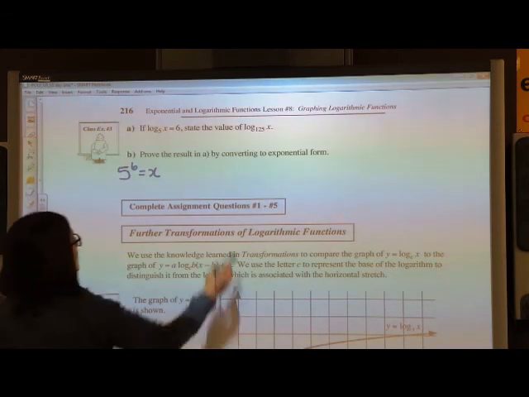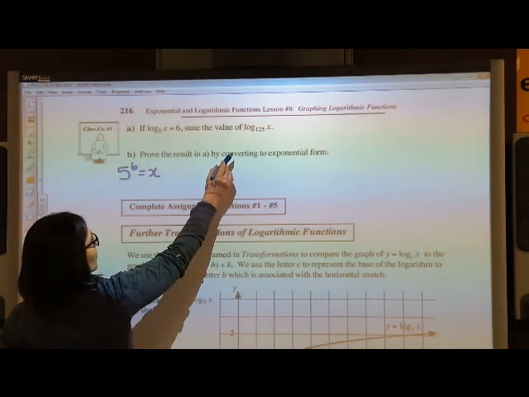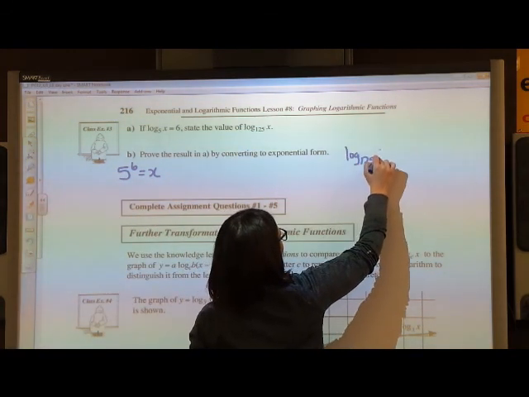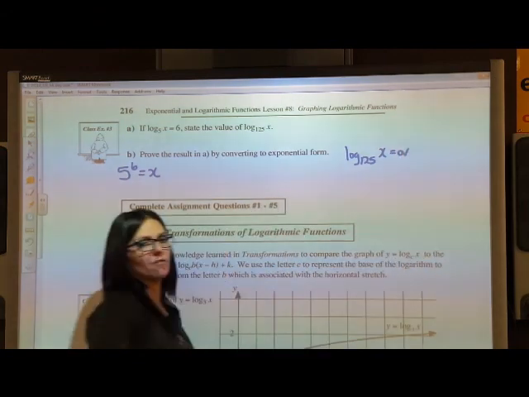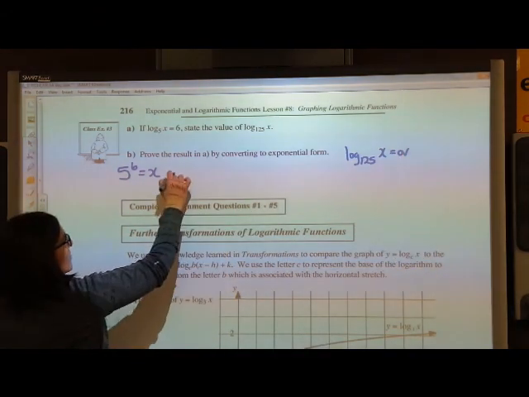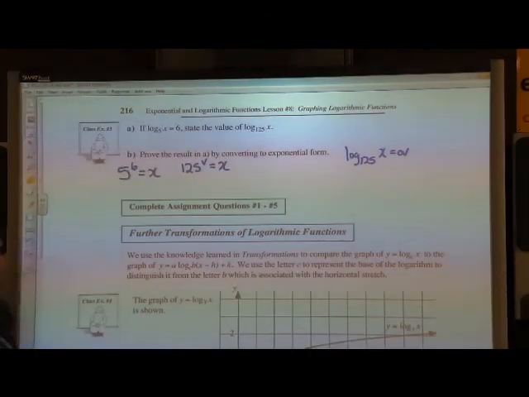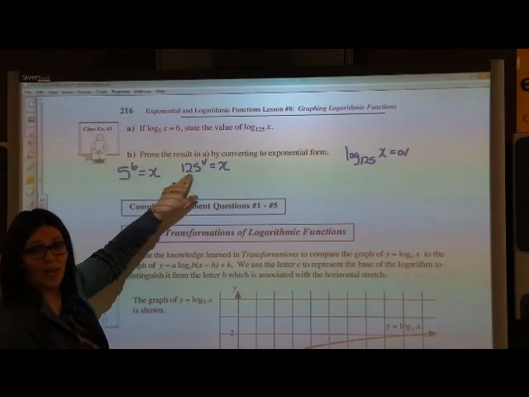And then with this log base 125 of x, I let that be equal to the power of v. So then I have 125 to the power of v equals x. In order to make a comparison, I need to have a common base.